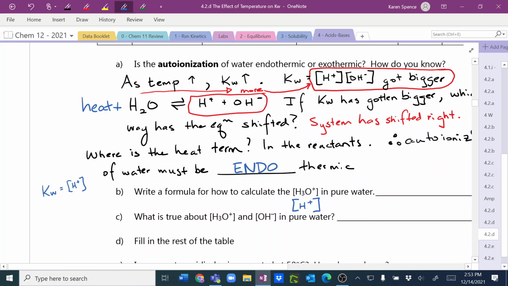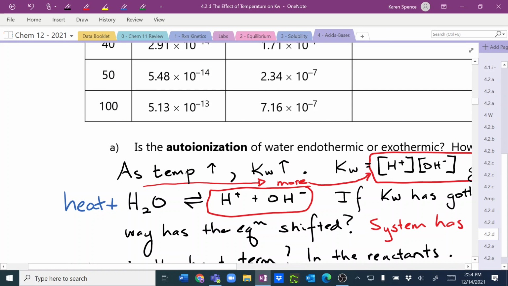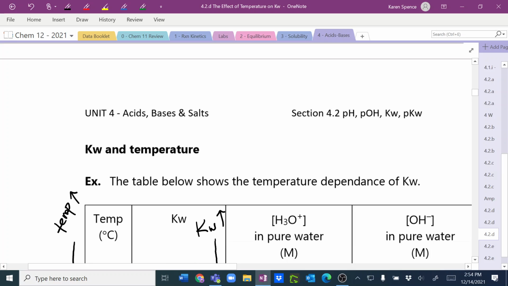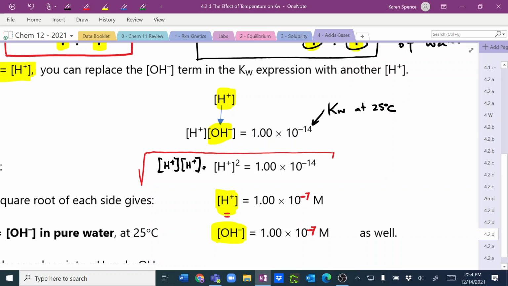No. How do we calculate the hydrogen ion concentration in pure water? Oh, look what we did back here. We calculated the concentration of hydrogen in pure water.